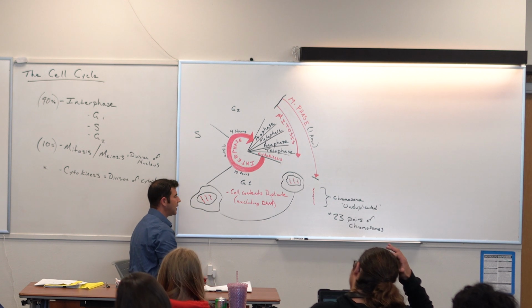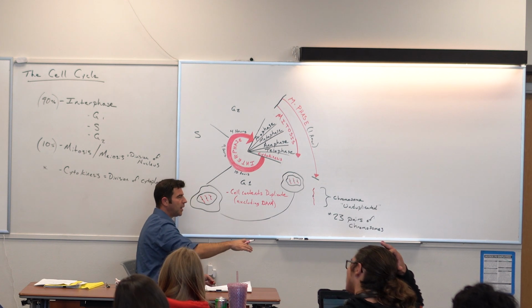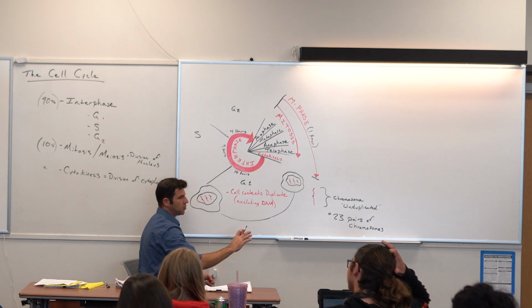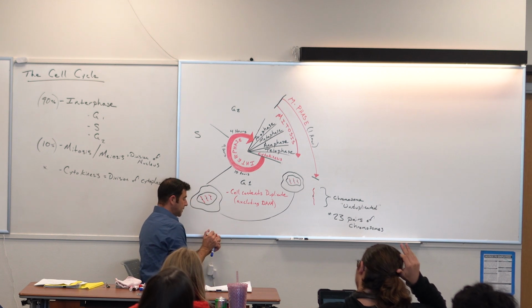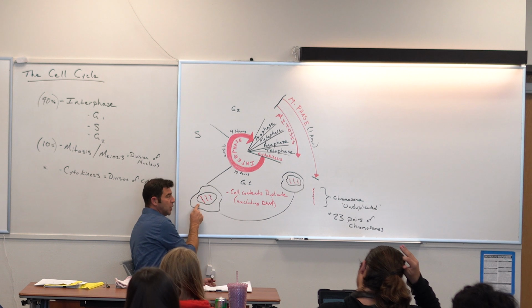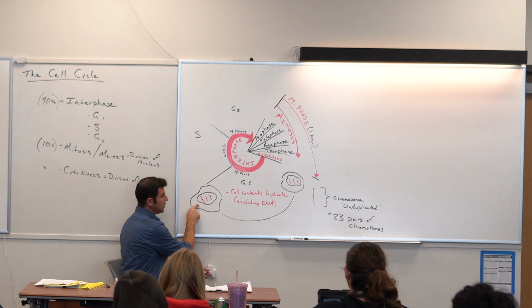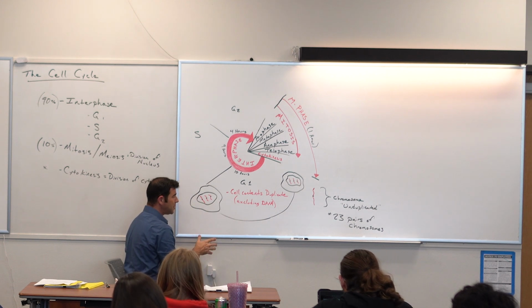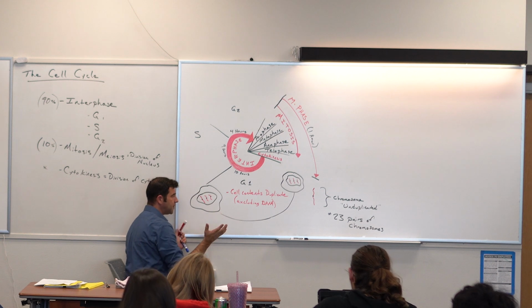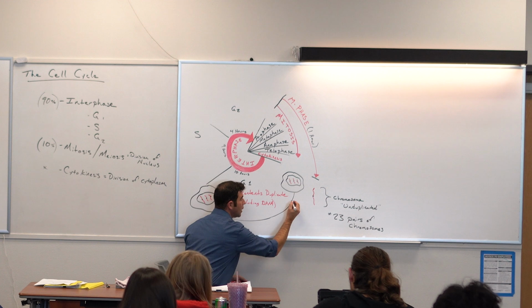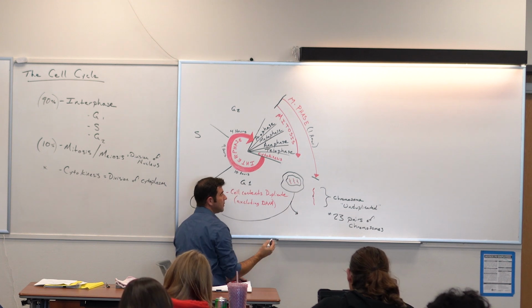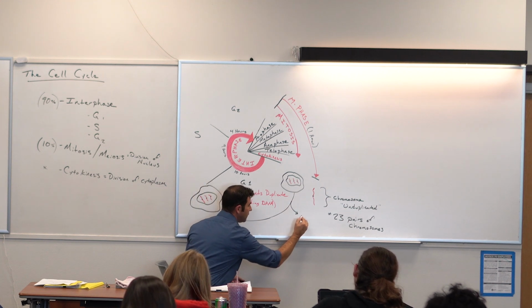So cell contents duplicate, like I said. You're going to get more chloroplasts if it's a plant cell, more mitochondria if it's an animal cell. Again, the DNA does not yet duplicate, so we're still left with these unduplicated chromosomes at the end of the G1 phase. Sometimes I consider the G1 phase to be just when a cell is being a cell. And maybe before we even get too far, we mentioned some of these cells never leave the G1 phase.